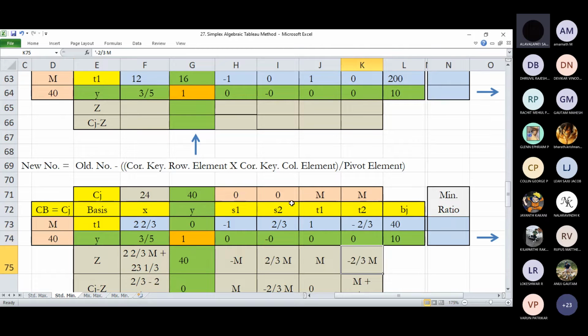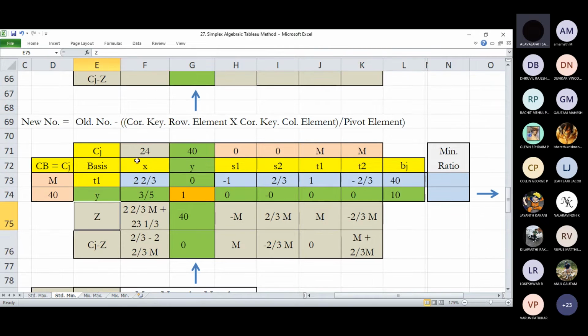Then we will be subtracting Cj minus Zj. 24 minus 23 1 by 3 plus 2 into 2 by 3 m, that is nothing but 2 by 3, which is this value, minus 2 into 2 by 3 m. So here you can see that m takes a negative value, minus 2 by 3 of m.